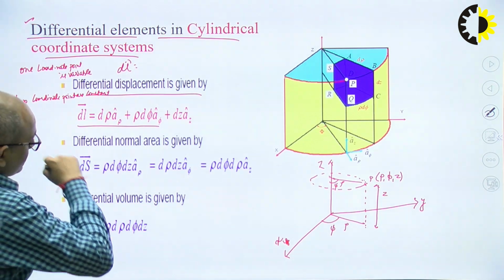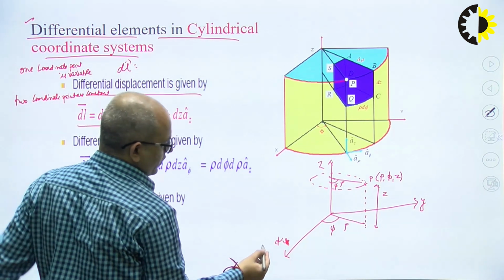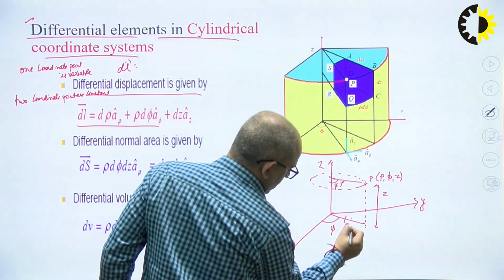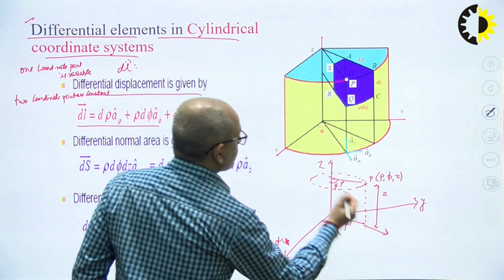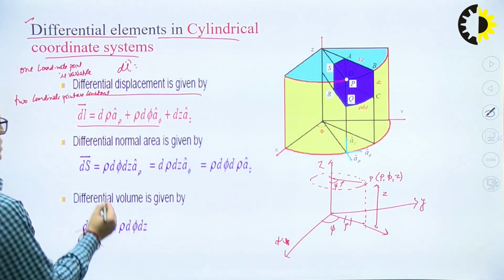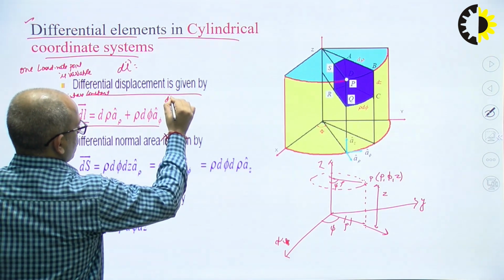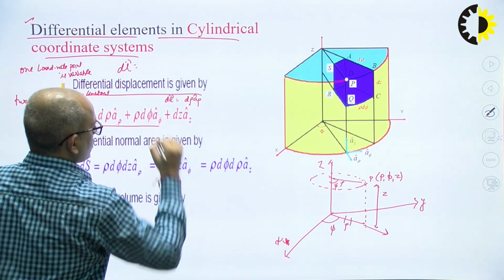In that case, dl will be equal to what? Differential length d rho into a cap rho. This is dl equal to d rho into a cap rho.